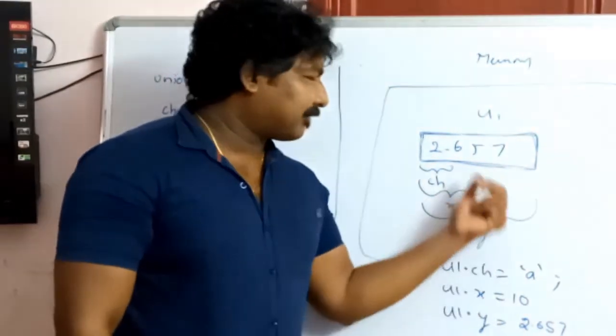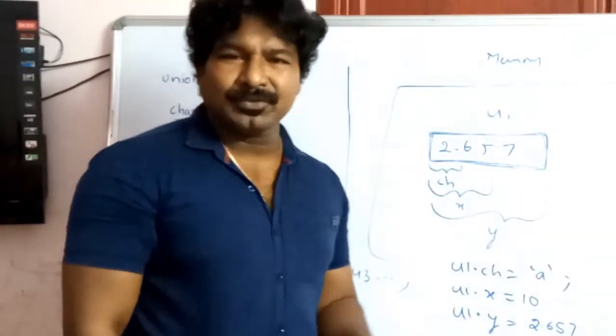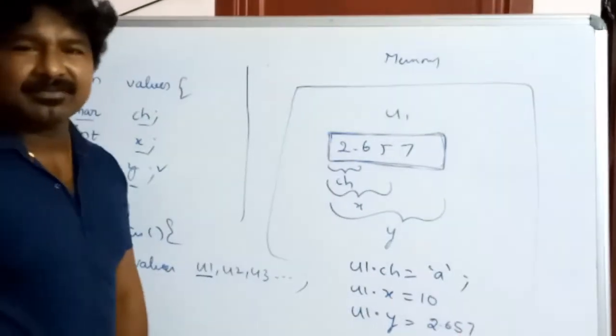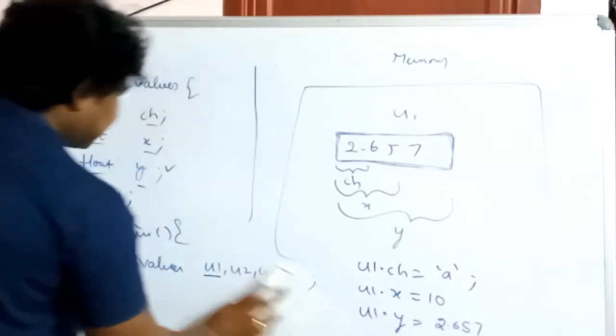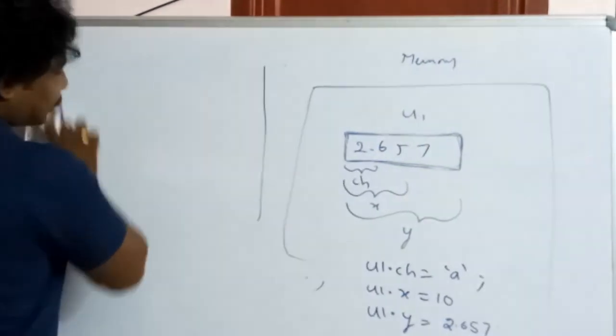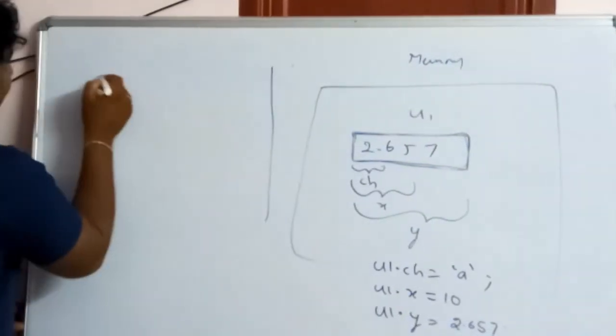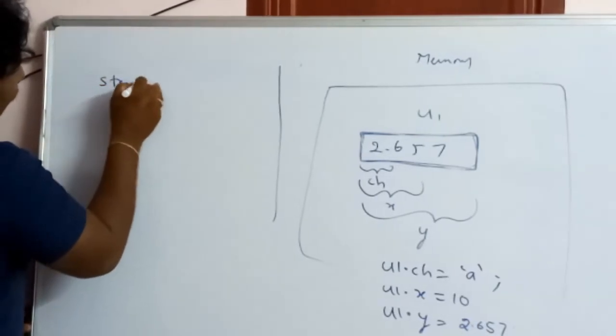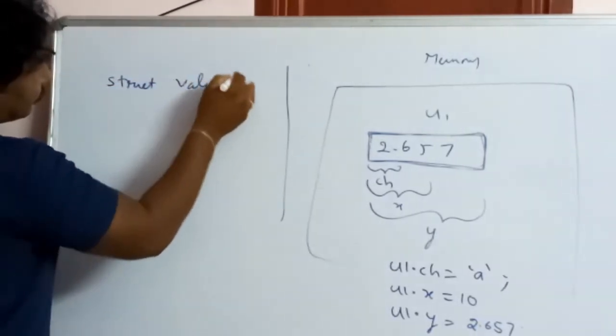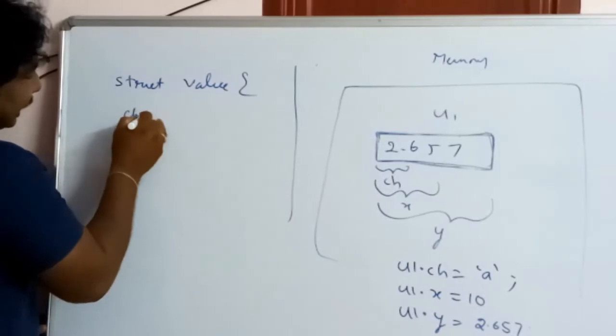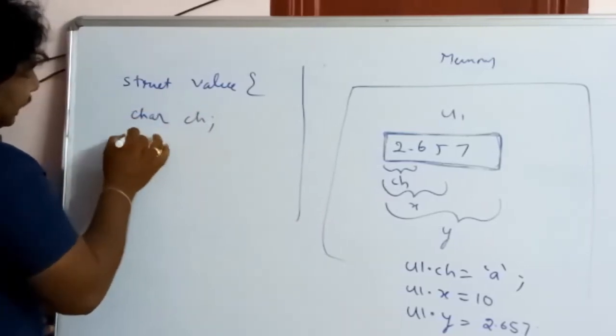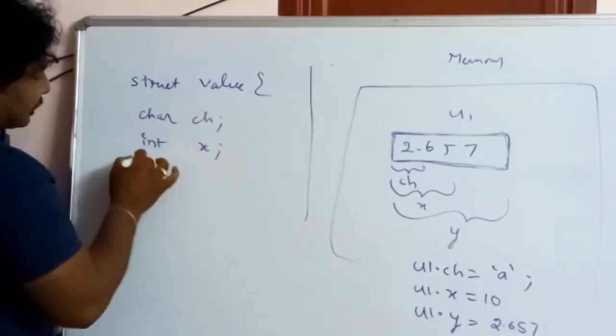Okay friends, so this is the concept of union. Now I'll show you the difference between structure and union. For example, there is a structure called struct values, and there is a char ch, an int x, and a float y.